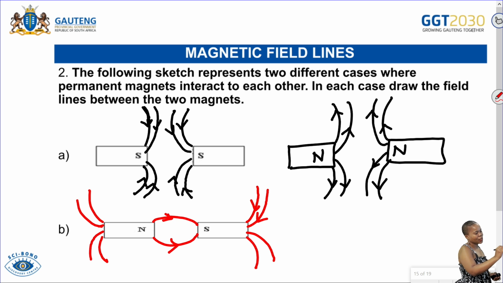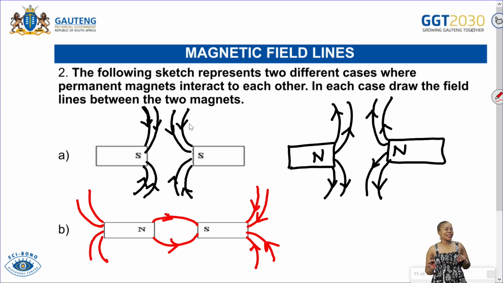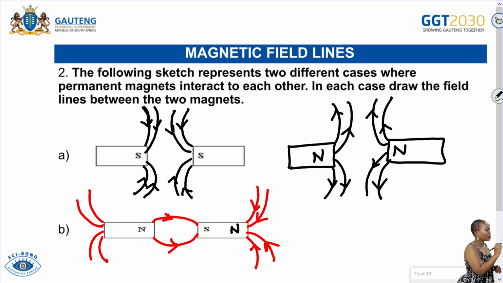But on the other side, remember this is your south, that means that this is your north, and this is your north, that means this is your south in here. So don't forget that on this side, let's correct this one.